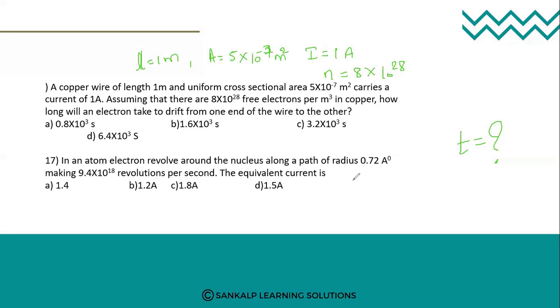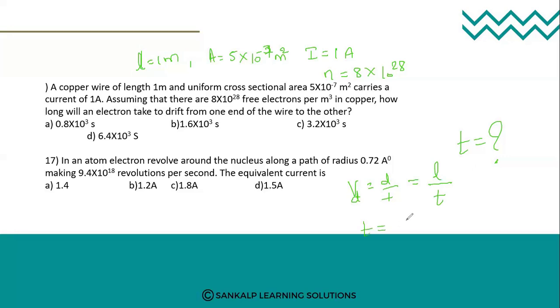So what we can do here, we know that velocity is equal to distance upon time. But here we need to consider the drift velocity. Therefore, I can write drift velocity is equal to distance upon time. This distance is nothing but the length of the wire. So the length value is given and time we need to calculate.